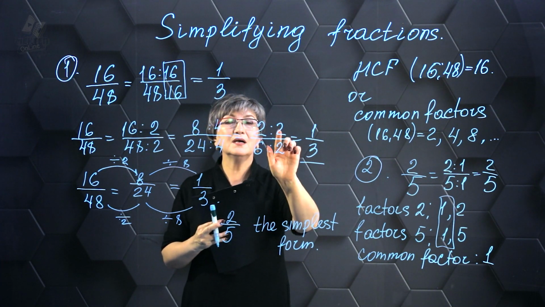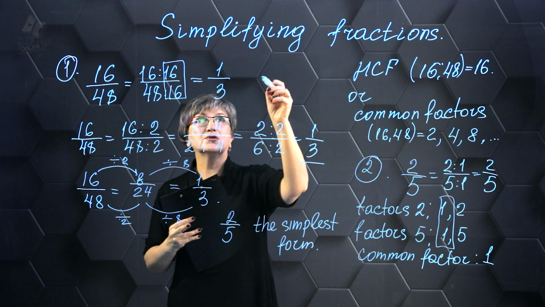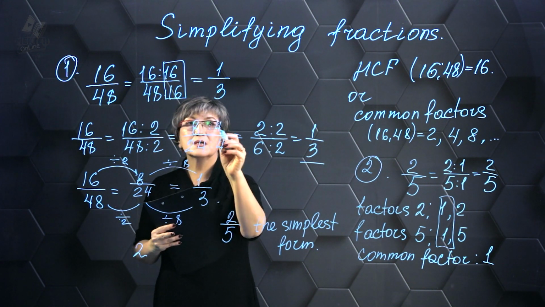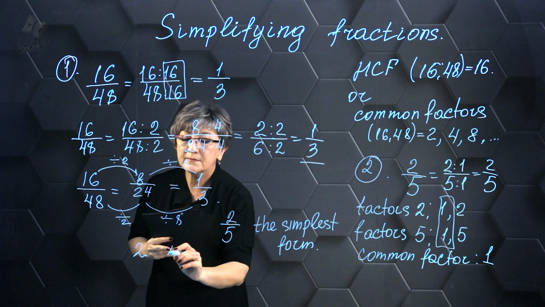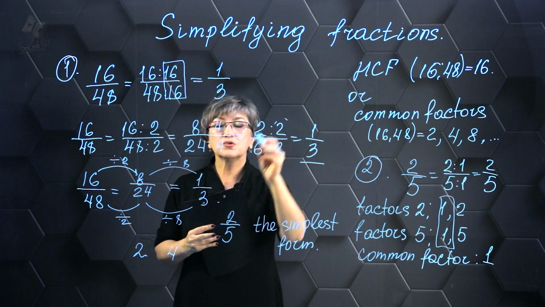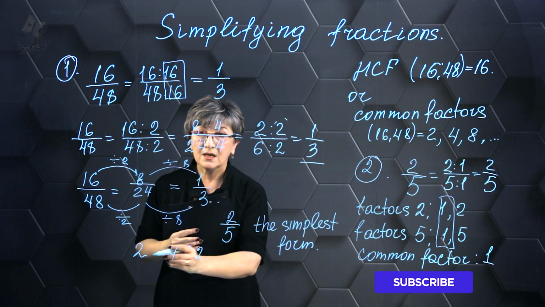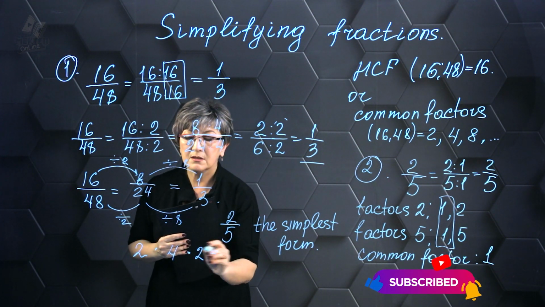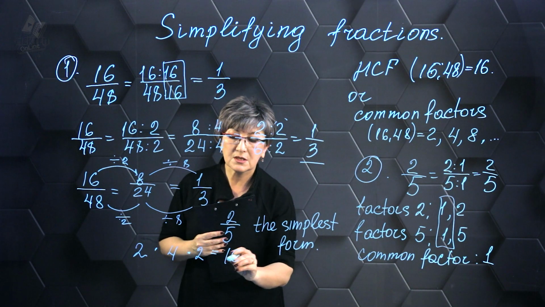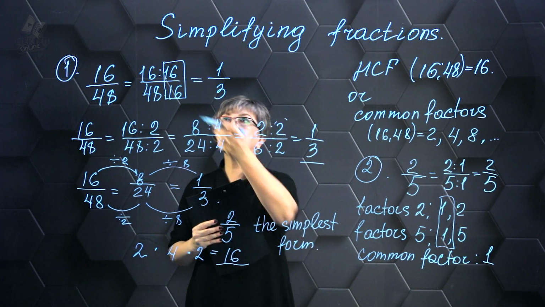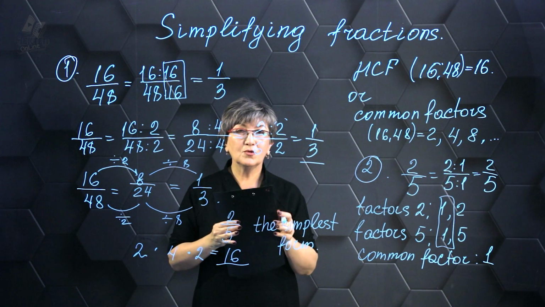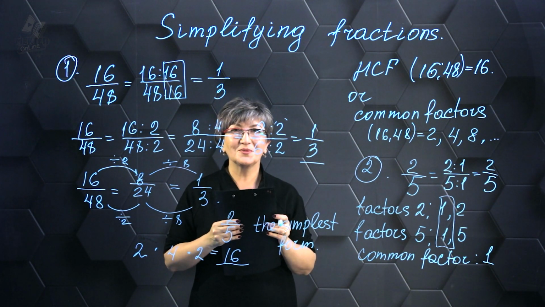And if I multiply these numbers, I obtain 16 as the final result. 16 is the greatest common divisor. This is the technique you can use to simplify fractions.